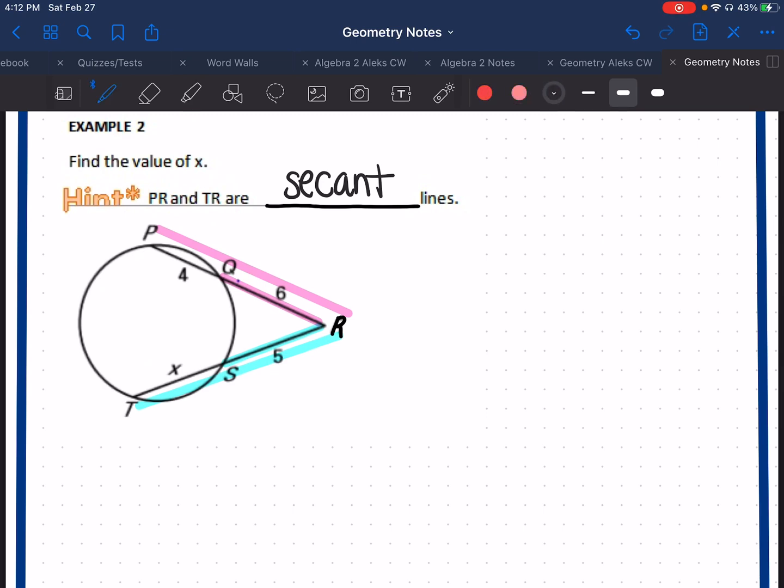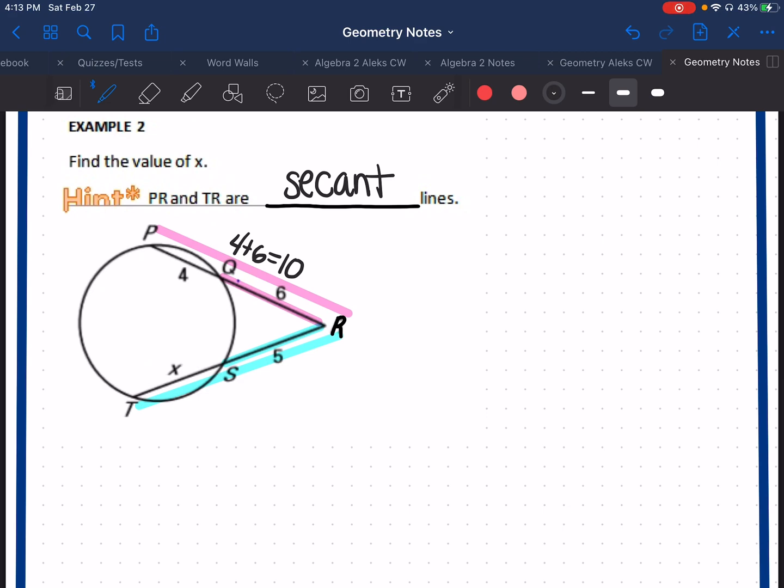To find the whole part from P to R, I'm going to add the pieces together. So I'm just going to take these two pieces and add them together. 4 plus 6 equals 10. So P to R is going to give me 10.